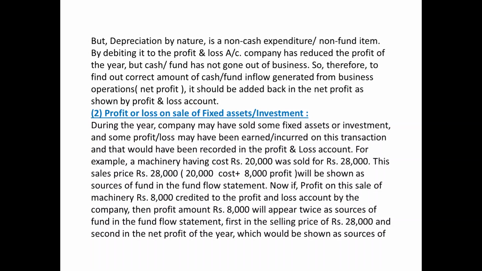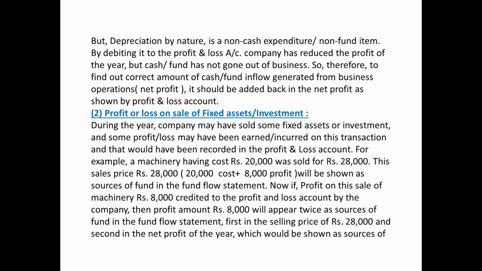The total 28,000 will be shown as a source of fund, receipt of fund, in the fund flow statement, because it represents the sales price. It represents the receipt of fund due to sale of this machinery.